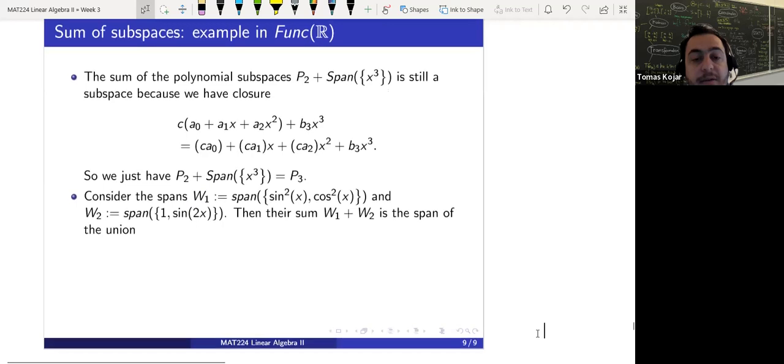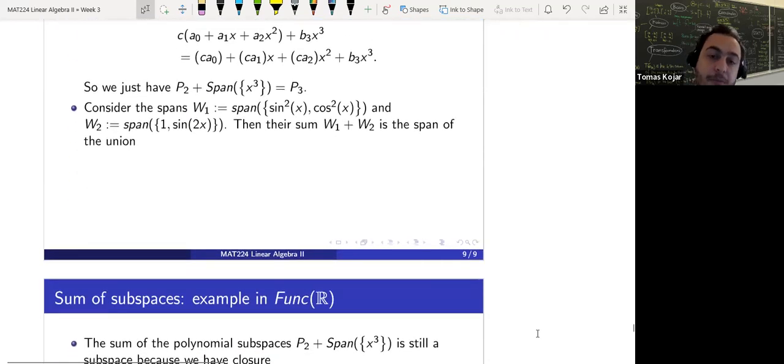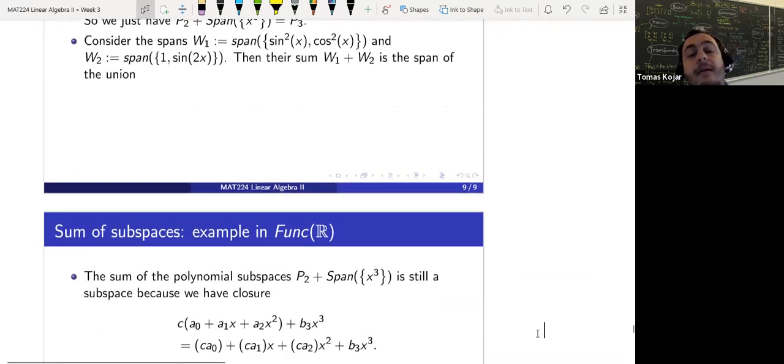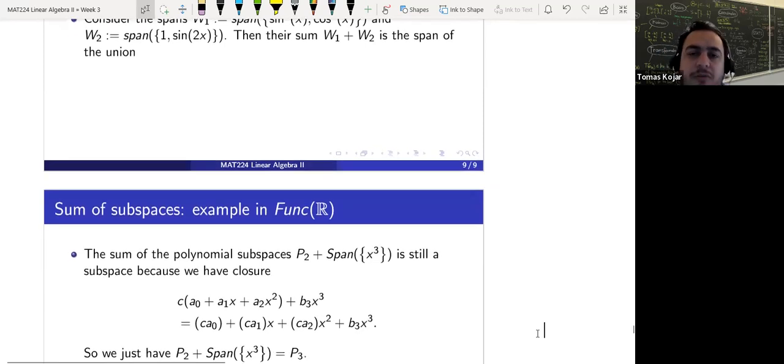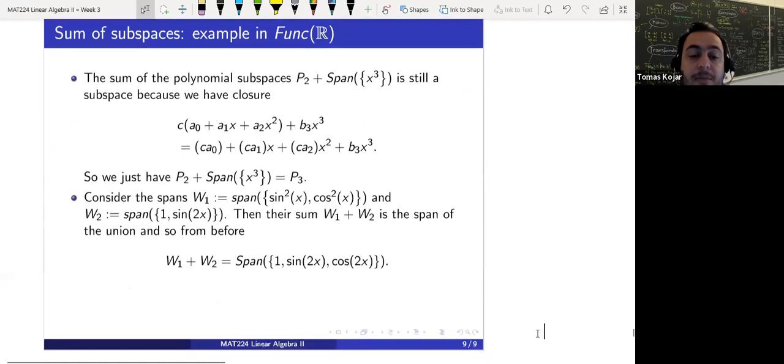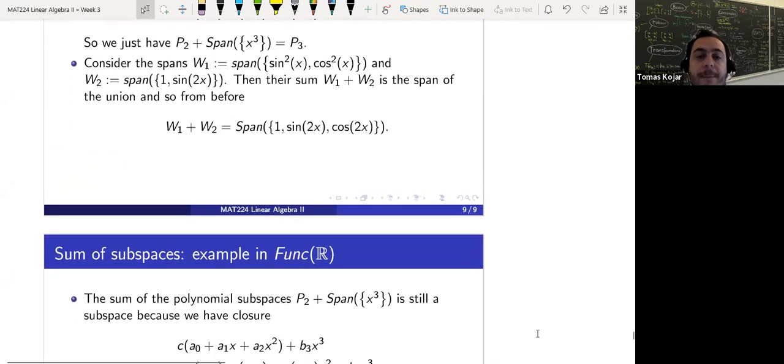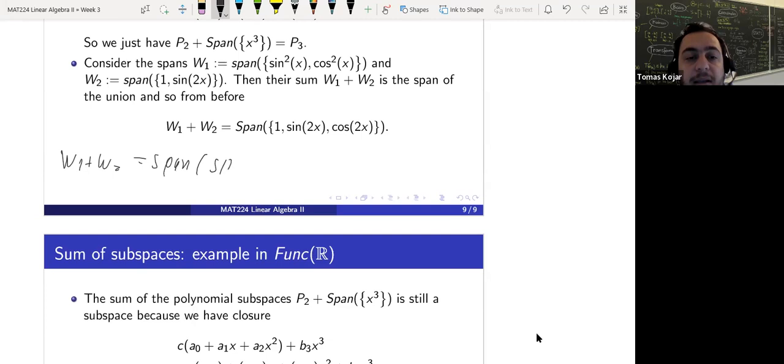And we want to study their sum, but we just proved that we can just use that the sum of their spaces is the span of their union. And so let me do the middle step here. So we have W1 + W2 is the span of sine squared, cosine squared, 1, sine 2x.